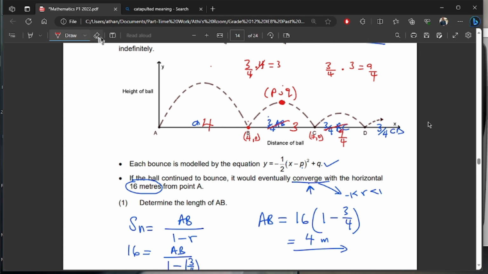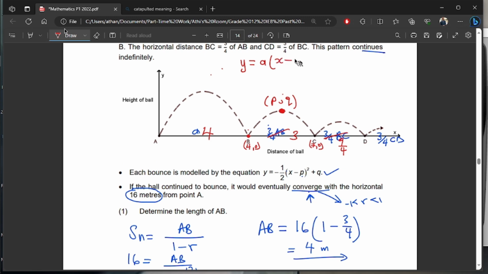So far this is what I remember. y is equal to a times (x minus x1) times (x minus x2). This is one of the formulas that you studied in grade 11 on how to find the equation of a parabola.